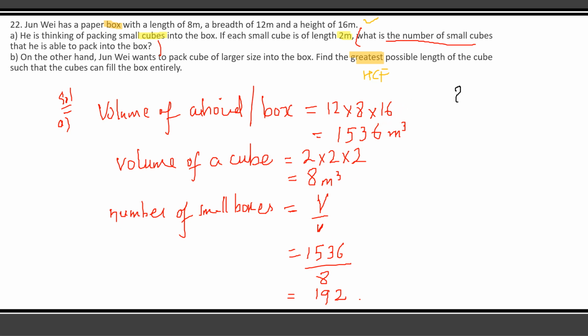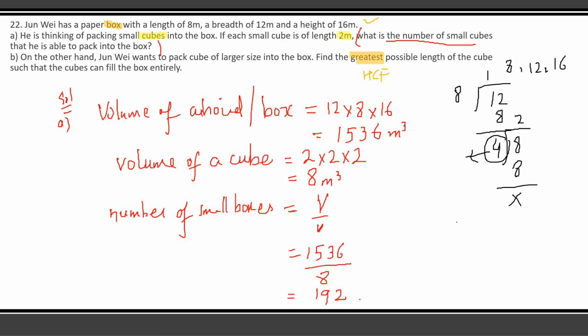Firstly, we will find the HCF of 8 and 12. We need to find the HCF of 8, 12 and 16. We can use the division method. 8 1 is 8, 8 1 is 8, 12 minus 8 is 4, and now you will bring the 8 here. Now 4 2 is 8. We have the HCF as 4.